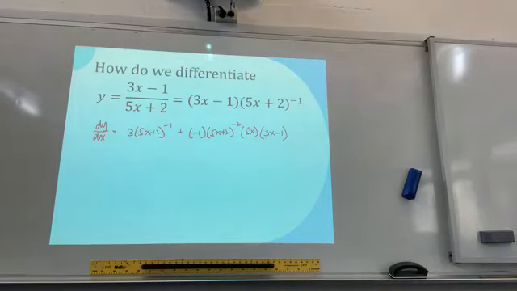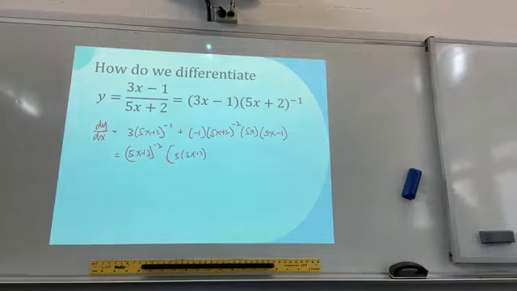Can you simplify that? So, if I take the common factor out, which one would be the common factor? Let's say (5x plus 2) to the power of minus 2. So therefore, you now have 3 times (5x plus 2).